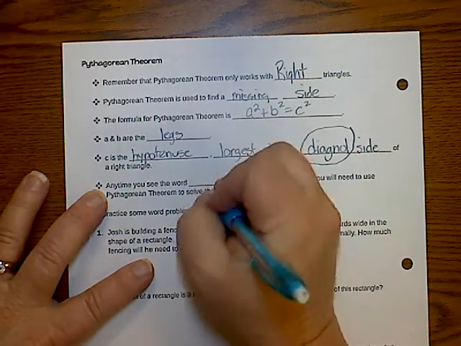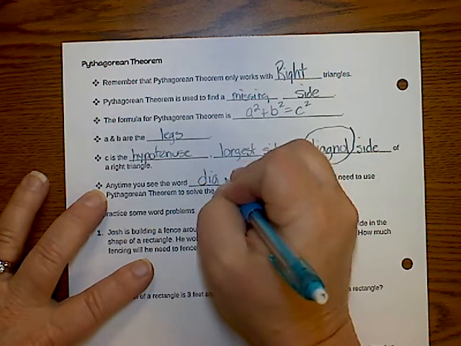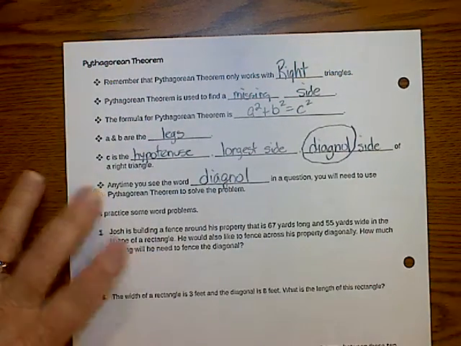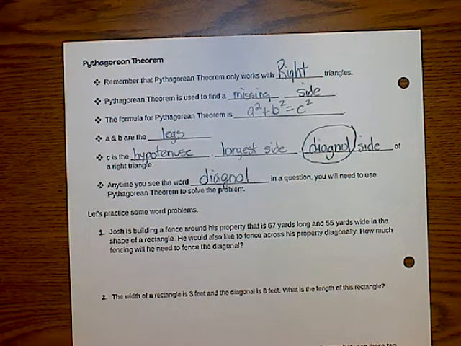Anytime you see the word diagonal in a question, you will need to use the Pythagorean theorem to solve it, okay? A lot of you refuse to draw a picture. If they tell you that you're talking about a rectangle or a triangle, or Johnny walks this way, then turns and walks that way, draw a picture of that, okay?